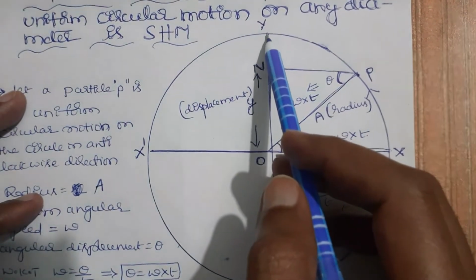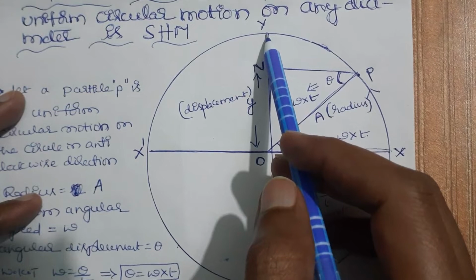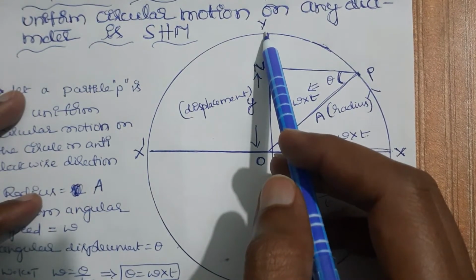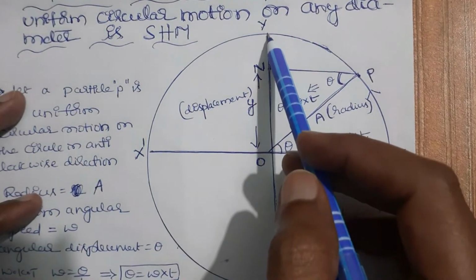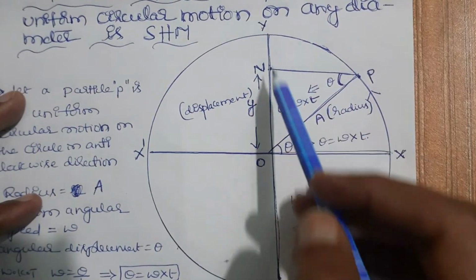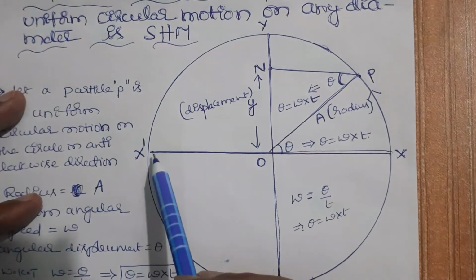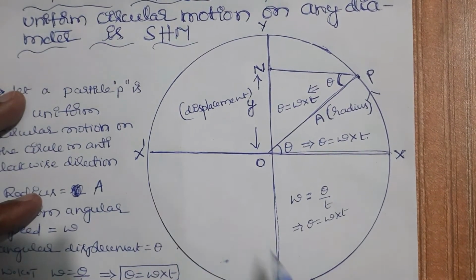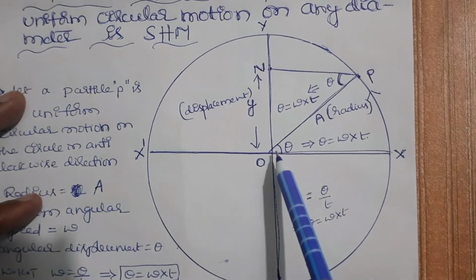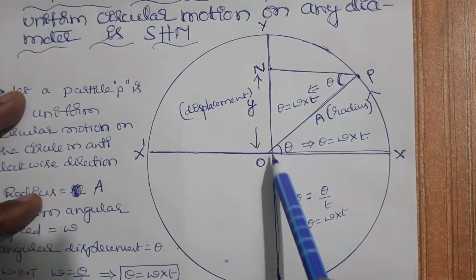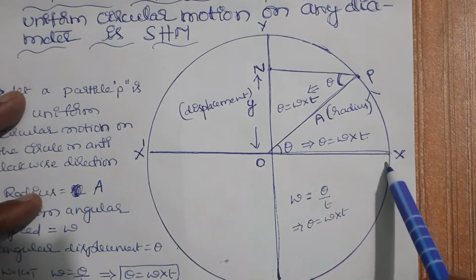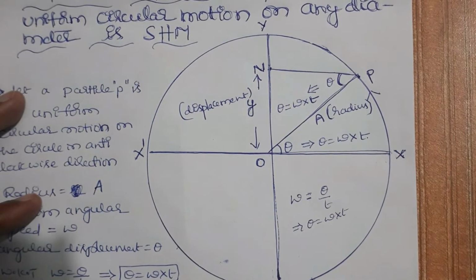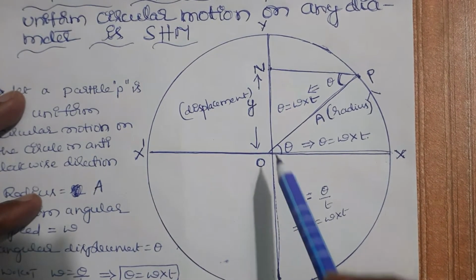Then when P moves from y to x dash, the point of projection moves from y to O. When P moves from x dash to y dash, N moves from O to y dash. When P moves from y dash to x dash, N again moves from y dash to O.